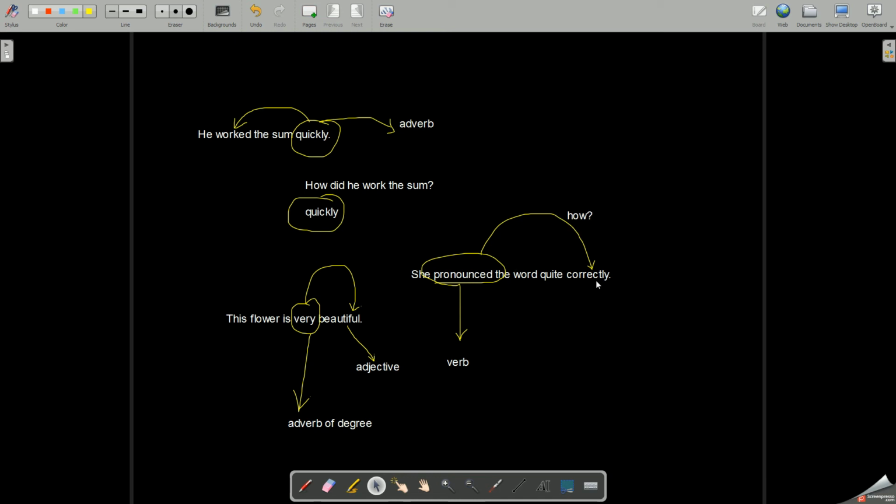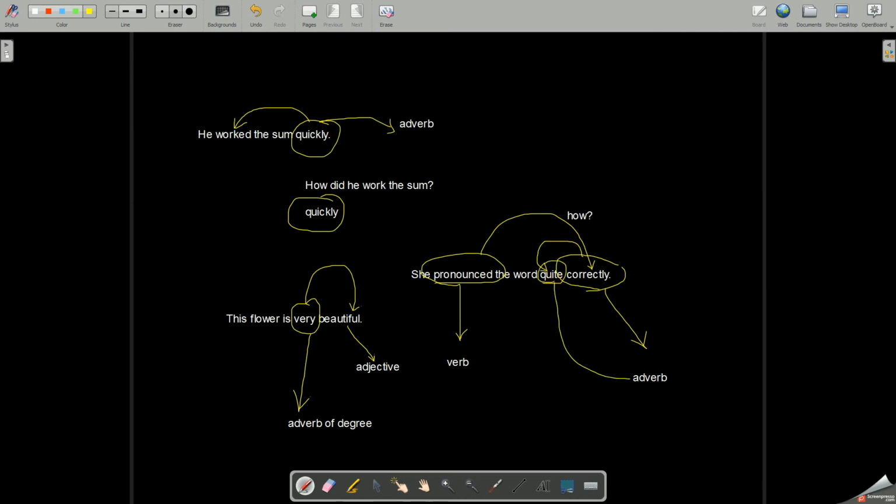So correctly is an adverb. Now, how correctly she answered the question? So again, it connects to this word quite.